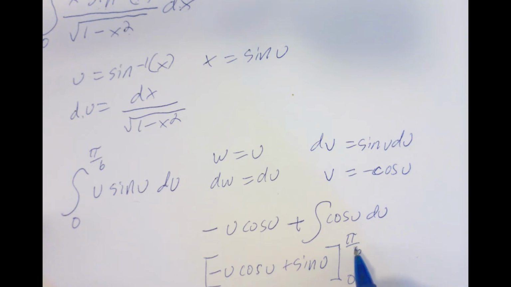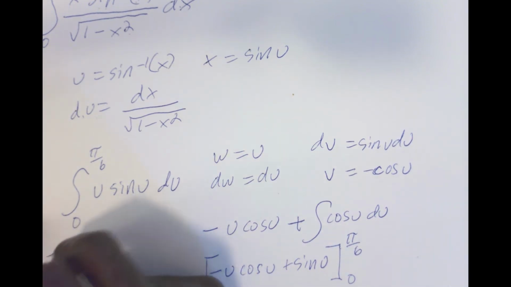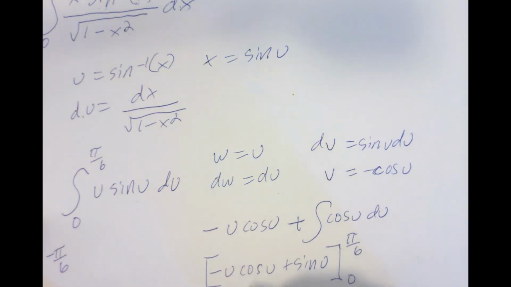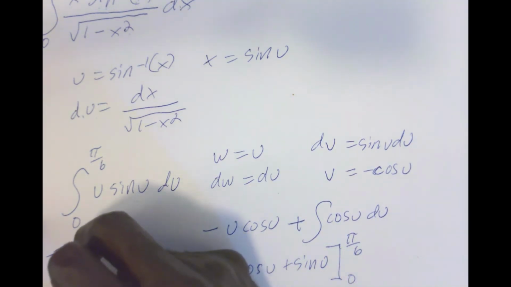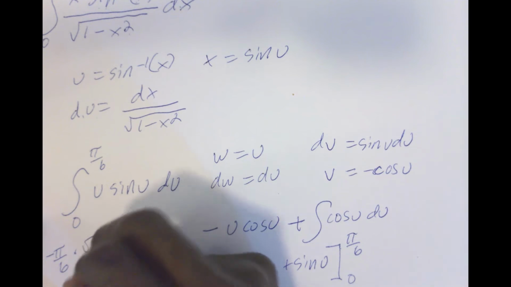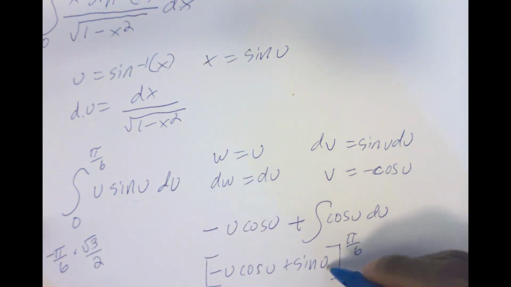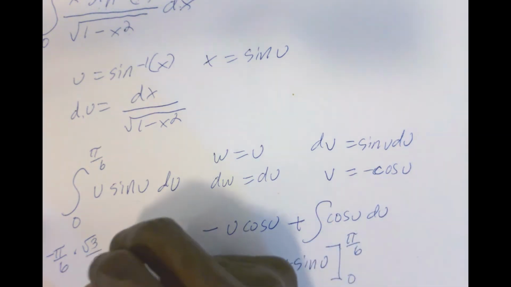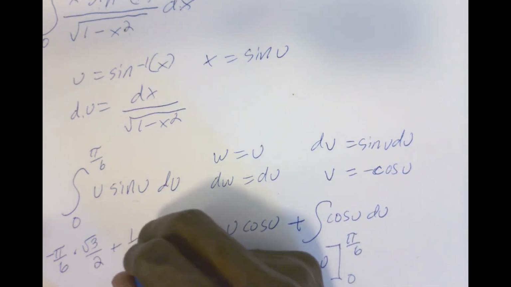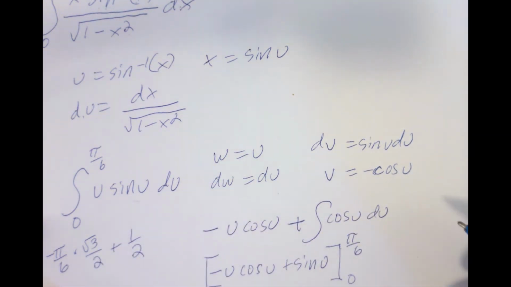If I plug in pi over 6, that would be negative pi over 6 times cosine of pi over 6, which is the square root of 3 over 2, plus sine of pi over 6, which is 1/2, minus, now I'm going to plug in 0.